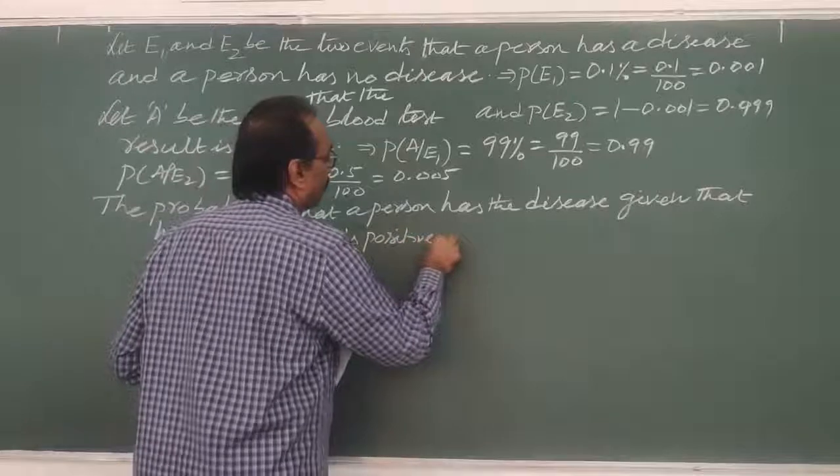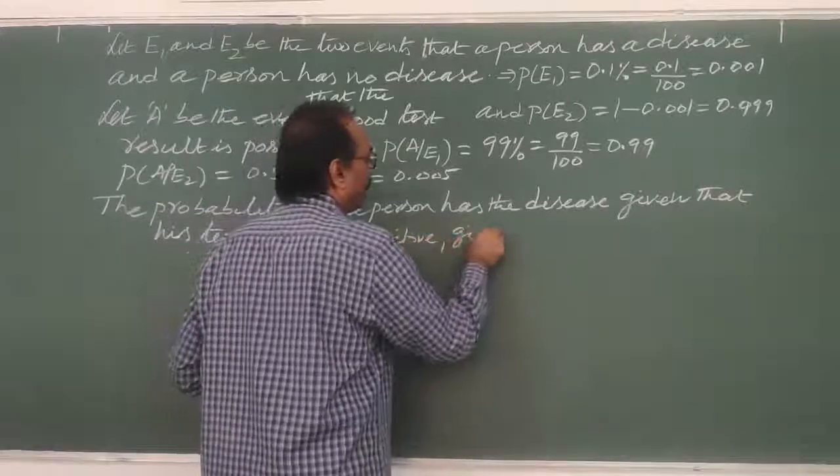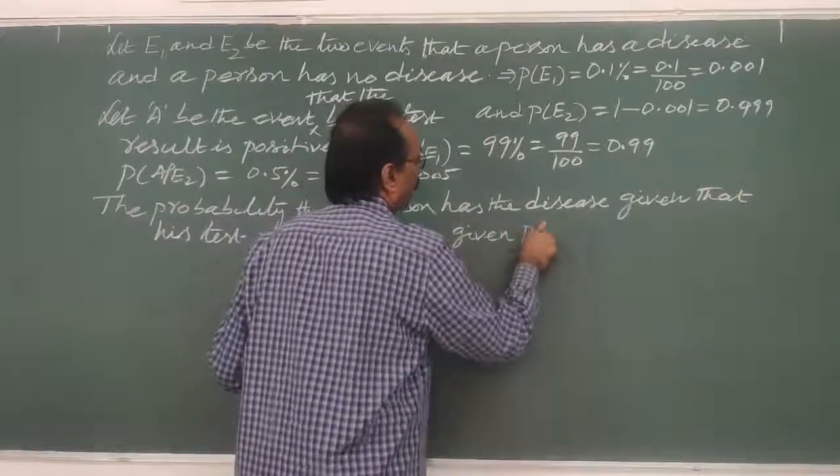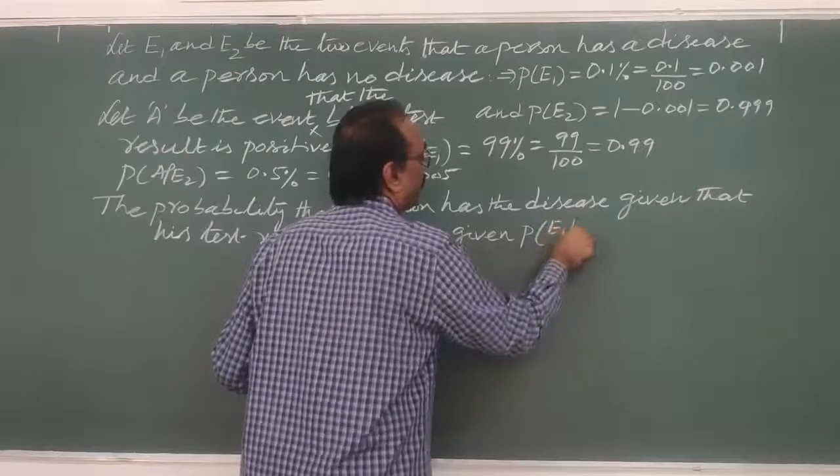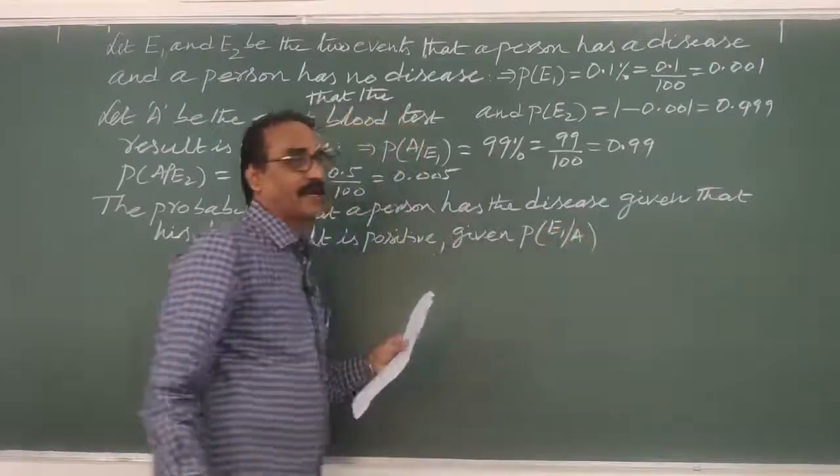I will write it as the reverse process: probability of E1 given A.